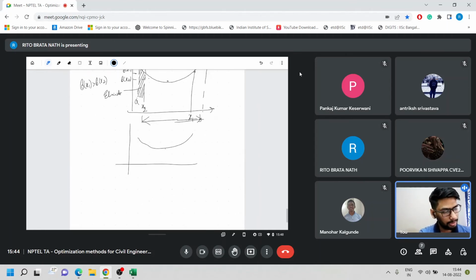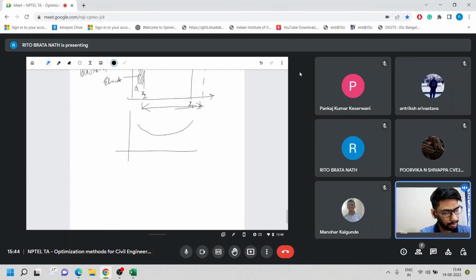So again, similarly, if the reverse thing happens, suppose your x1 is somewhere here and x2 is somewhere here, and this is your b, this is your a, and if your f(x2) is greater than f(x1), in this case what you can say for certain is that this part you can eliminate because you will have a kind of increasing trend from this region, and you can just eliminate this part and check in the rest of the part whether the minima occurs there or not.